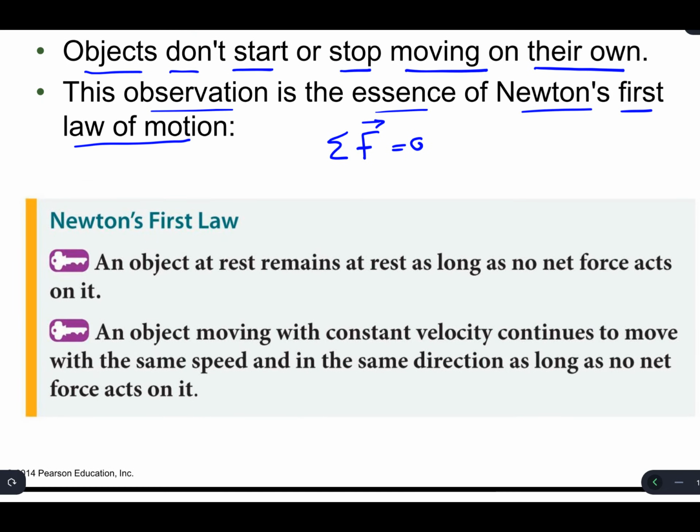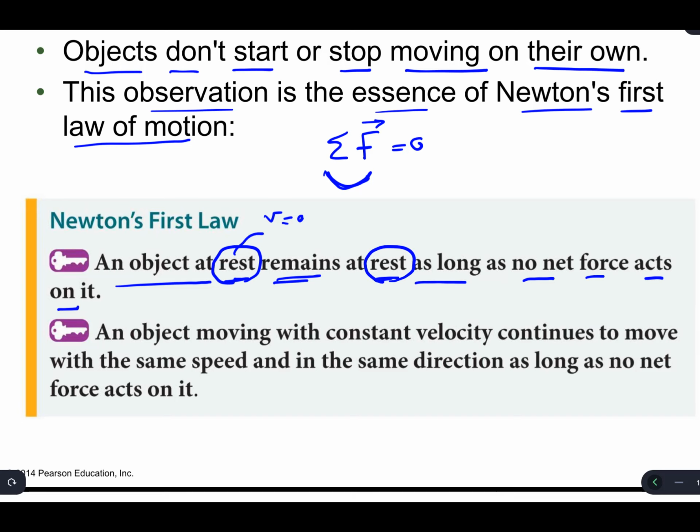You can say Newton's first law with a different sentence. An object at rest, which means its velocity equals 0, remains at rest as long as no net force acts on it. So the summation of forces acting on it equals 0, and the object that is at rest will continue at rest.